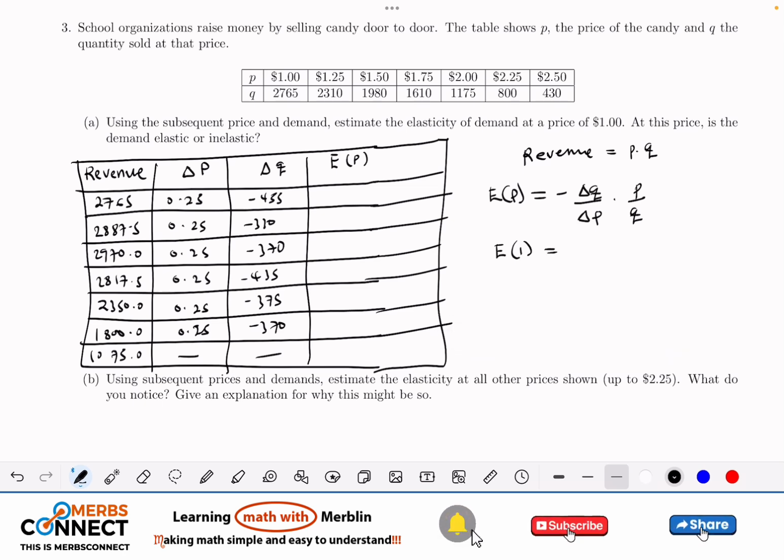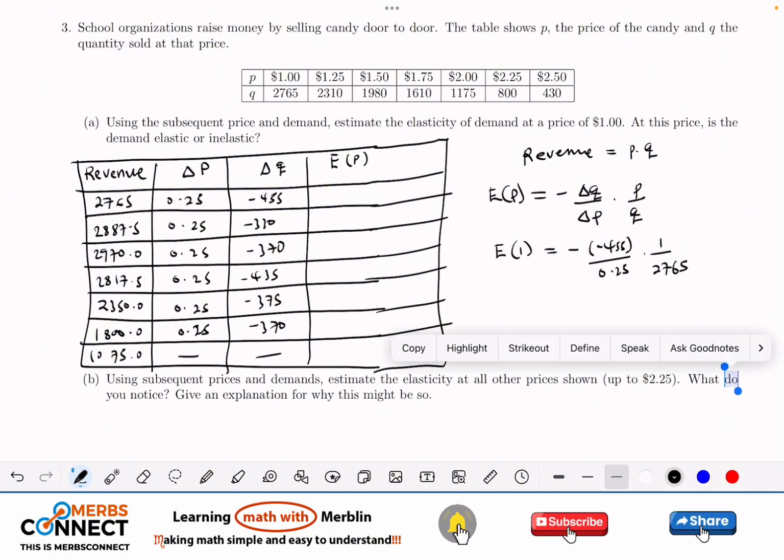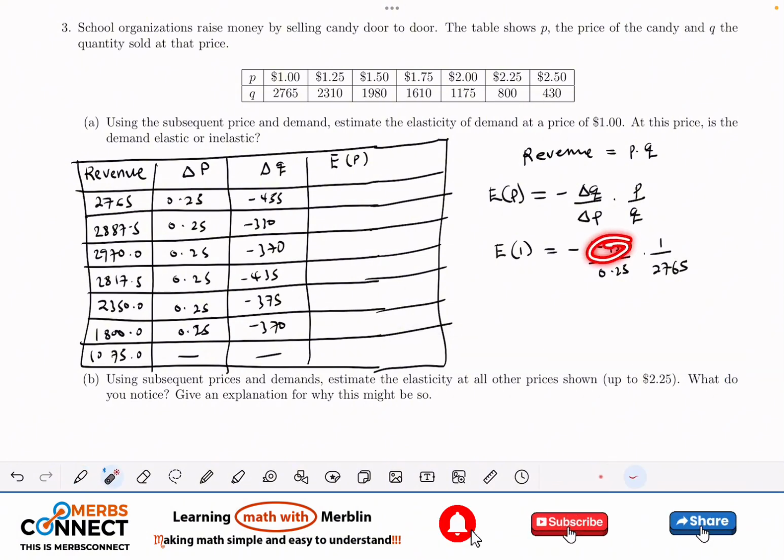So we are going to have minus the change in quantity, 455, divided by the change in price, 0.25, times price, which is 1, divided by the quantity, which is 2765. So change in quantity is this divided by change in price, times price, divided by quantity. That's what you are going to use to fill this.